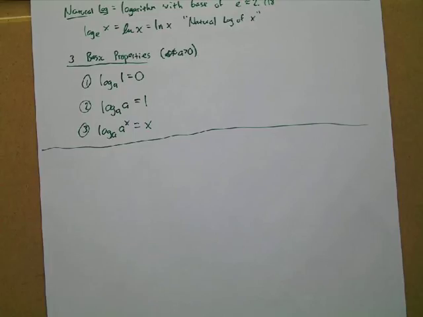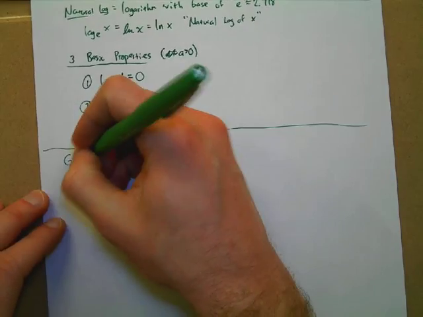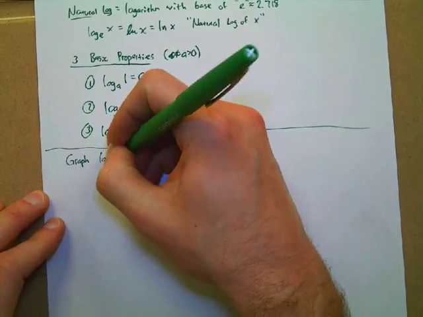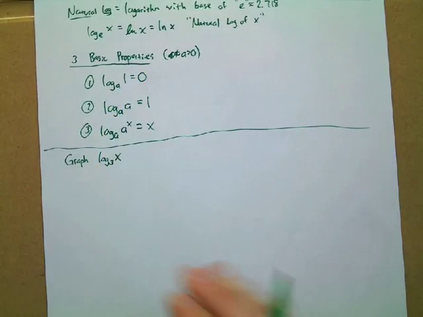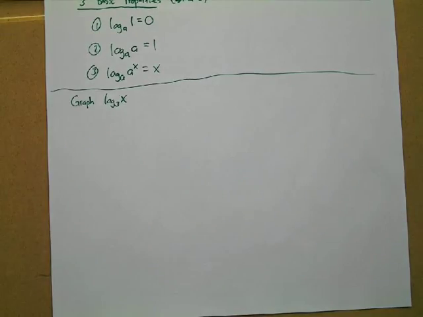Sorry, not base 3 to the x, base 3 of x. Okay, log base 3 of x. And so we'll make a little table here to kind of help ourselves out some.